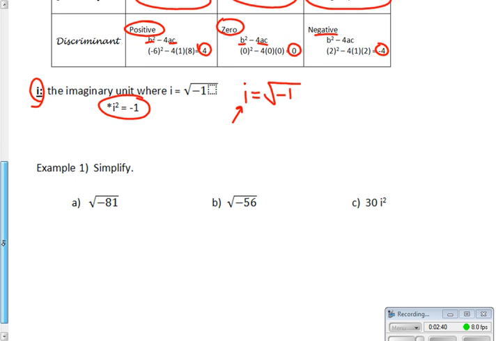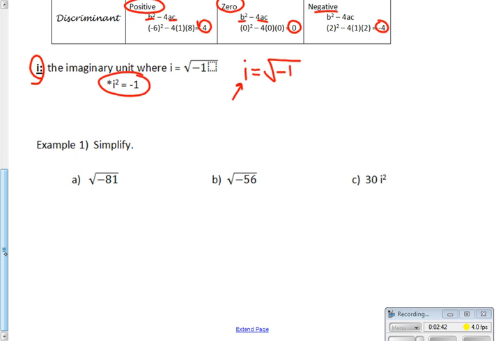So we need to simplify these problems. The square root of -81: if you tried it in your calculator, you couldn't get an answer, it wouldn't allow it. So we need to break this down. The square root of -81 is saying 81 times -1, so we can look at it as the square root of 81 times the square root of -1.